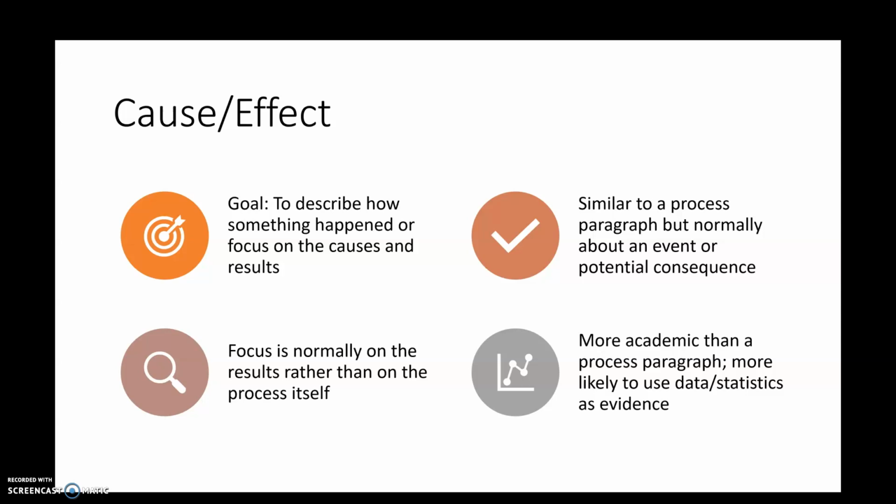So also it's similar to a process paragraph, but it's normally about an event or a potential consequence rather than describing how something happens or how to do something. And it is more academic than a process paragraph. It's much more likely to use data and statistics as evidence. This is something you are likely to use, especially in history papers.